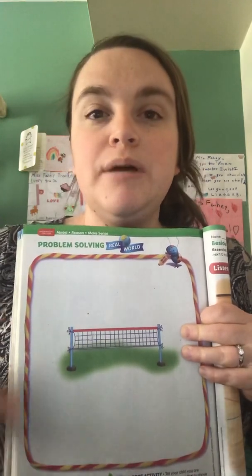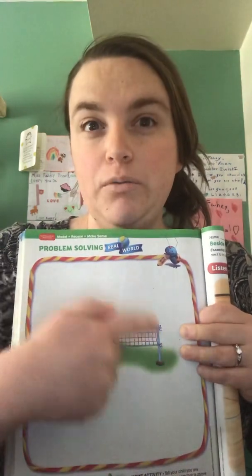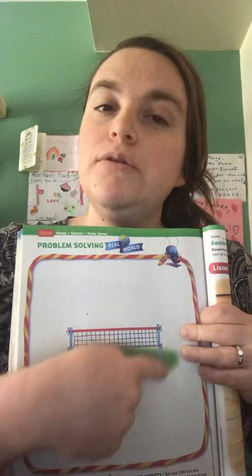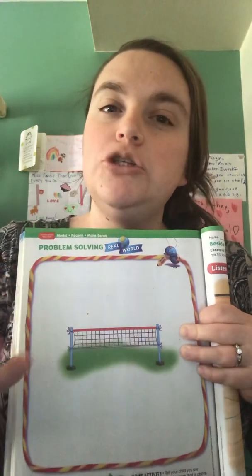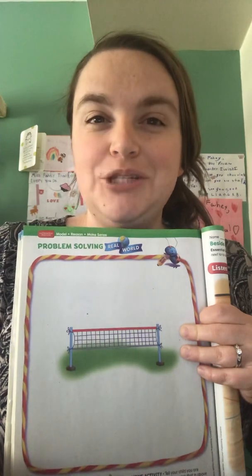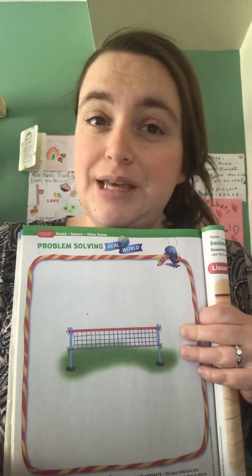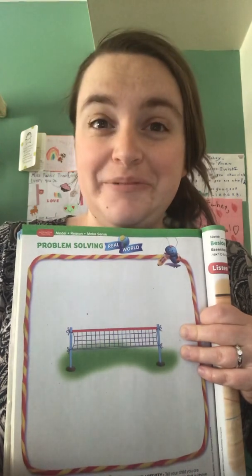Which one of those objects might be above the net? Maybe a ball? What object is that? Which one of those objects might be below the net? What could you put below the net? That would be a three-dimensional object. Start with your pencil in case you need to erase, in case you make a mistake, and then you can color it if you'd like to.